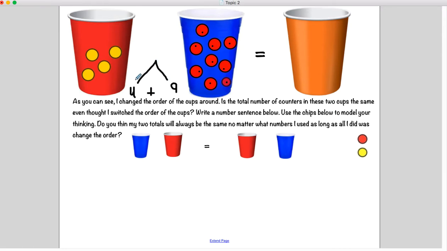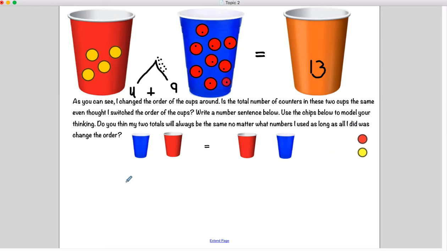I have 4 on this side, and then I'm going to add 9. 4, 5, 6, 7, 8, 9, 10, 11, 12, 13. I still have 13. As you can see, I changed the order of the cups, and the number is still 13. It doesn't change. They just switched places. That's all that they did.